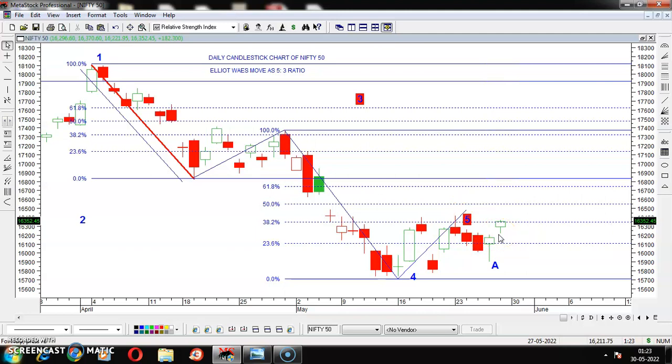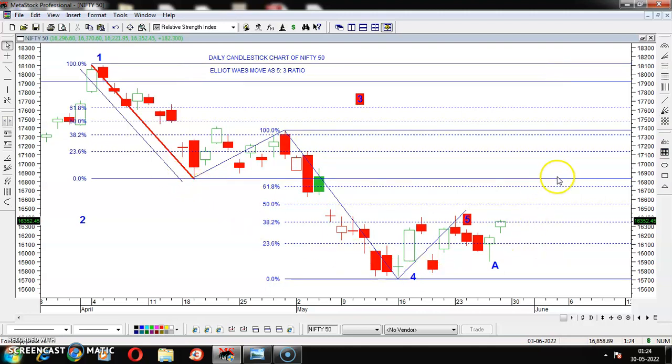So what would be the retracement level of the fifth impulsive wave? Either it should be 100% of wave 1, or it retraces 23.6% to 61.8% of wave 4.